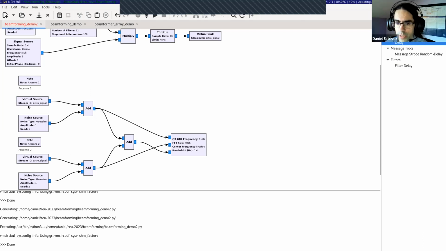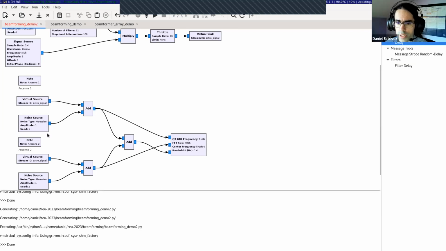So what we want to do is to keep one of our antennas as the reference antenna, let's say, and this is just for the purpose of the simulation. Usually in beamforming and in interferometry, there is the concept of a reference antenna for calibration, but here I'm just using it for the simulation.